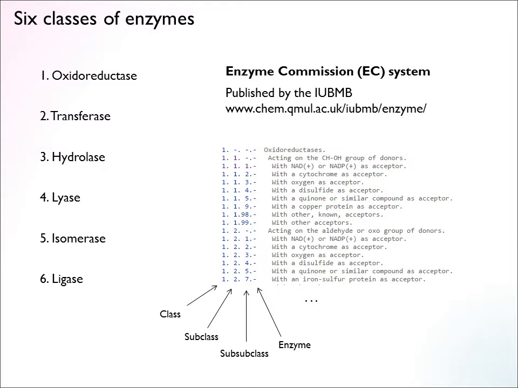And then in this case, the sub-subclass would be what kind of electron acceptor is used. Is it NAD? Is it cytochrome, or what is it? And then you get to the actual enzymes. So it's kind of a taxonomy of enzymes. So let's look at some examples from each of these groups and see what kind of enzymes there are.